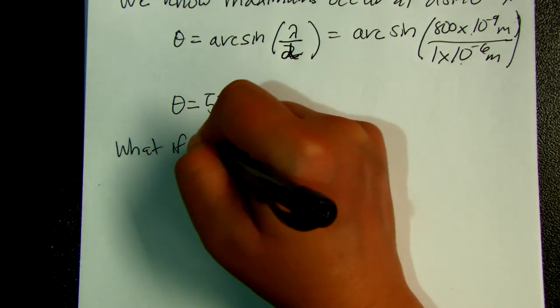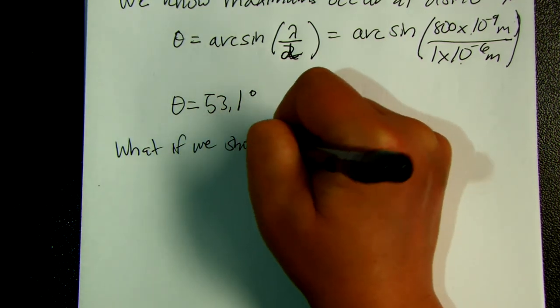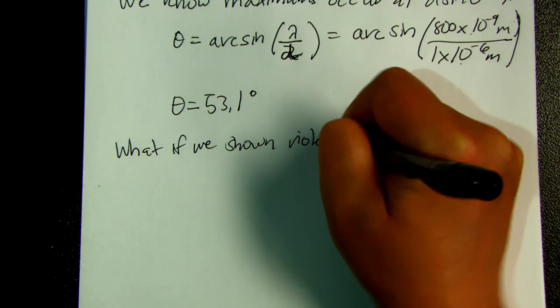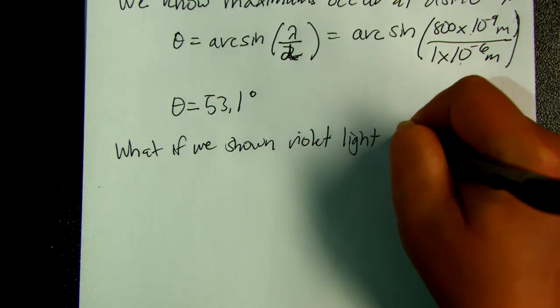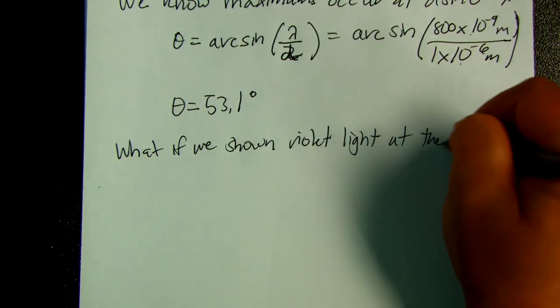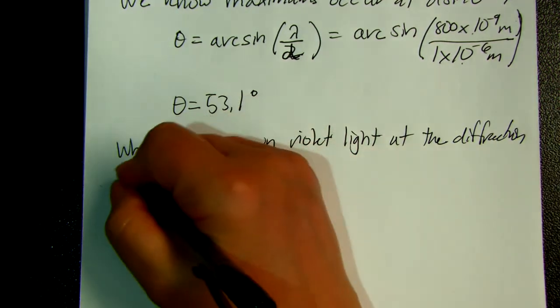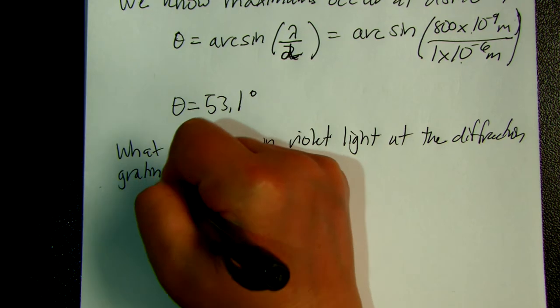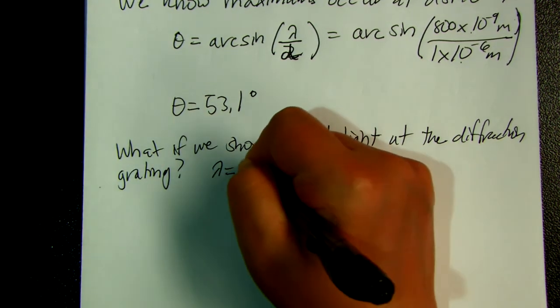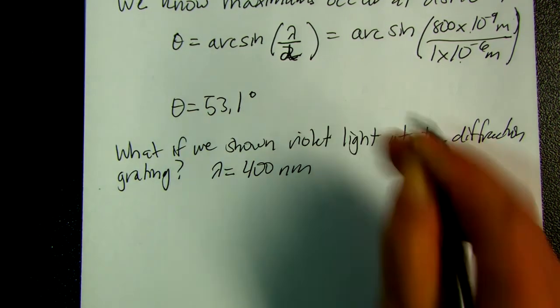What if we shone violet light at the diffraction grating? So this could be a lambda equal to 400 nanometers.